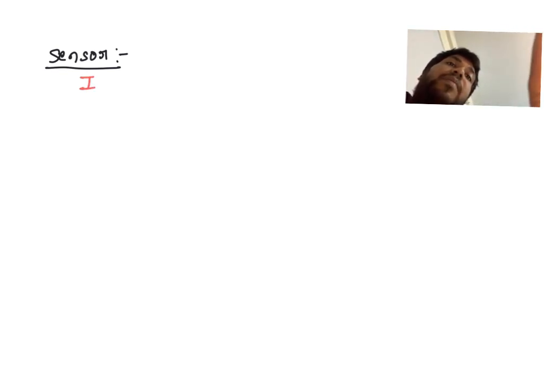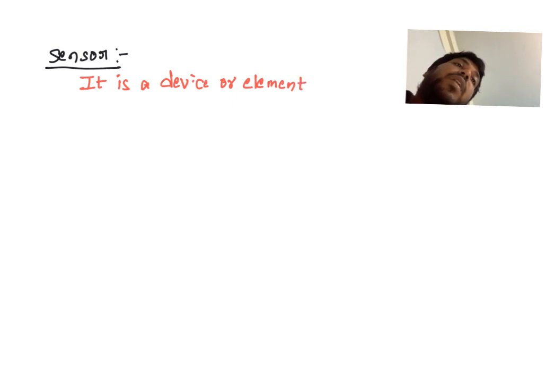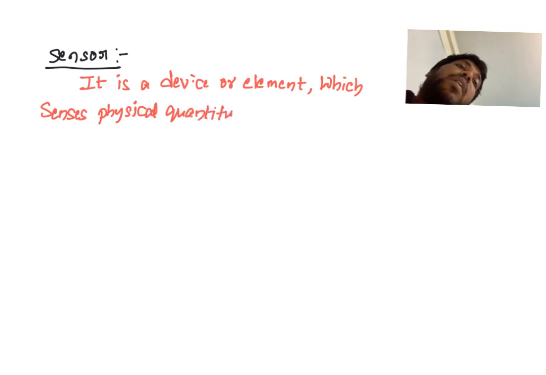It is a device or an element which senses a physical quantity, like temperature, displacement or force or pressure, any physical quantity, and generates some sort of output quantity, I mean, with which you are able to say the value of the physical quantity, output quantity, or else you can say output signal.